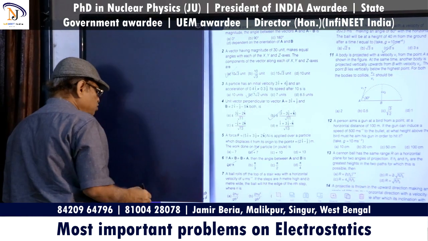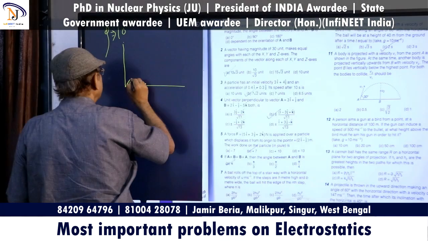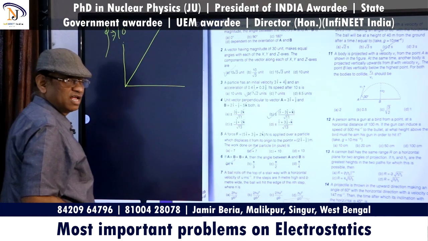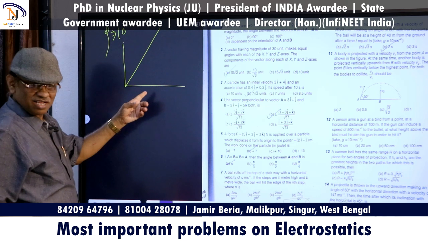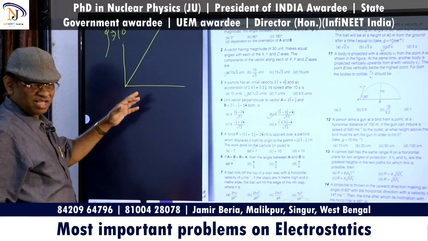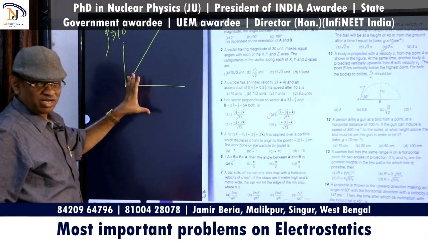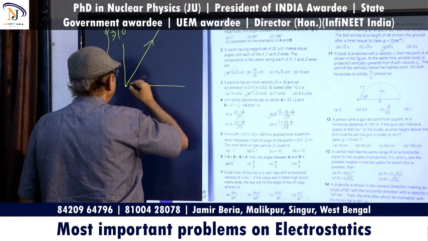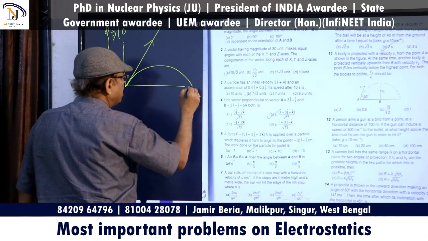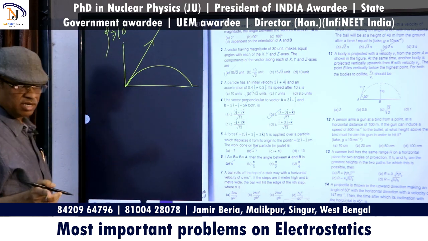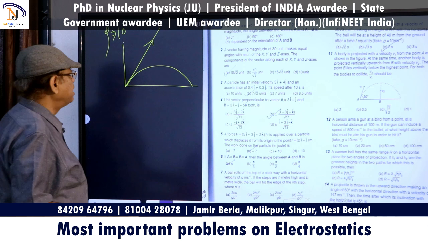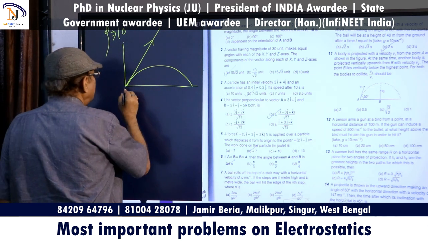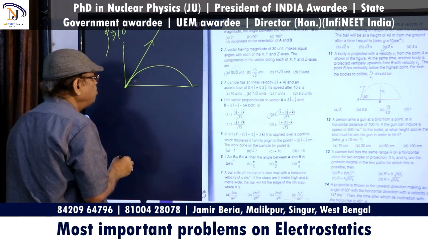Why didn't you solve the problem? This 60 degree, na? The path will be parabolic. I have already proved it in the first lecture. Then the ball will be at the height of 40 meters from the ground. What have they told you?